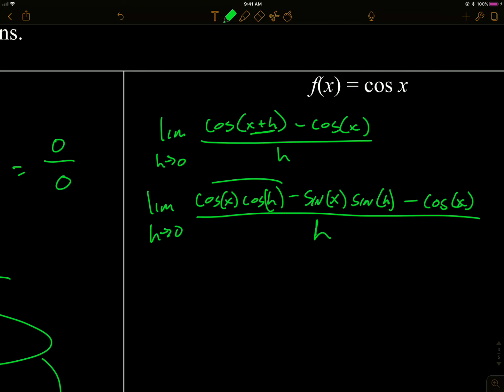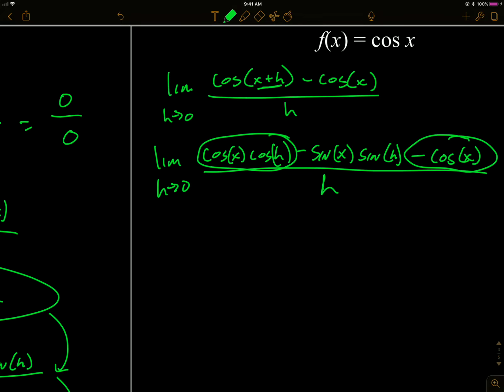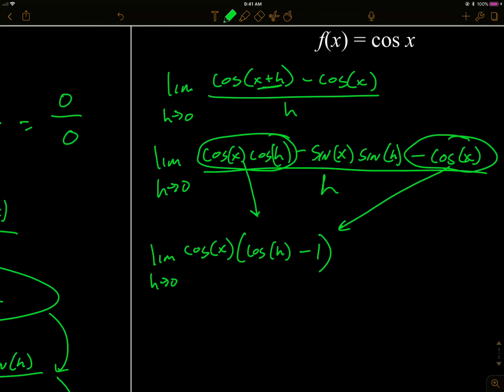I'm going to take this cosine of x times cosine of h minus cosine of x, put it to the front, and factor out the cosine. So I've got cosine of x times, when I take a cosine of x out of this, I just have cosine of h. When I take a cosine of x out of that, I get a minus 1. Minus sine of x times sine of h, the whole thing over h.